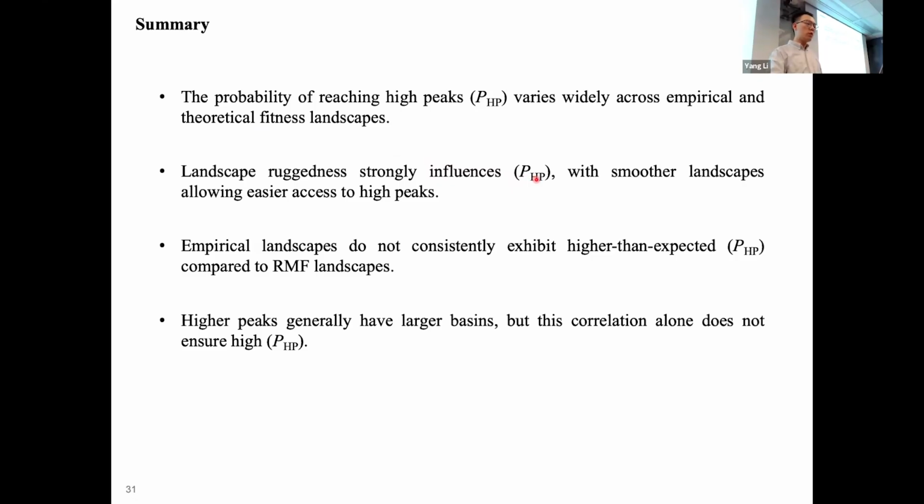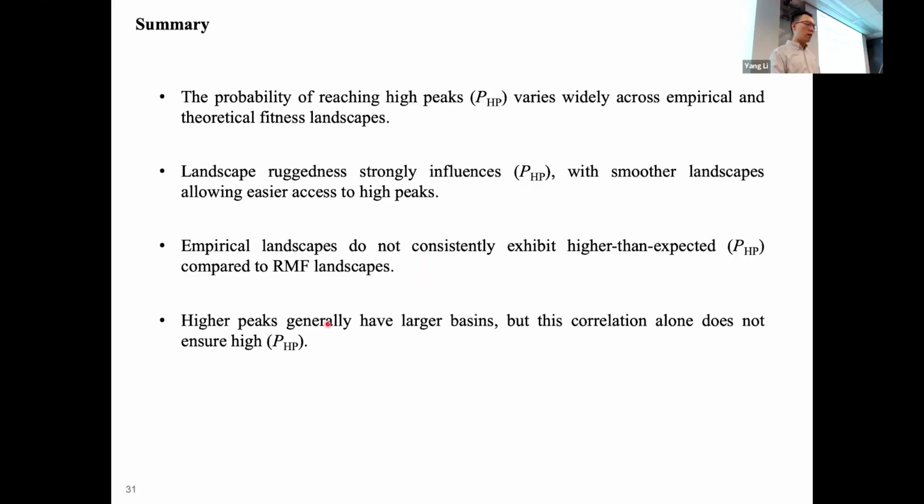With a smooth landscape, with only one or several peaks, it allows easier access to the high peak. When we use the Rough Mount Fuji model to simulate the empirical landscapes, the empirical landscapes do not always consistently exhibit higher than the expected probability of reaching a high peak.